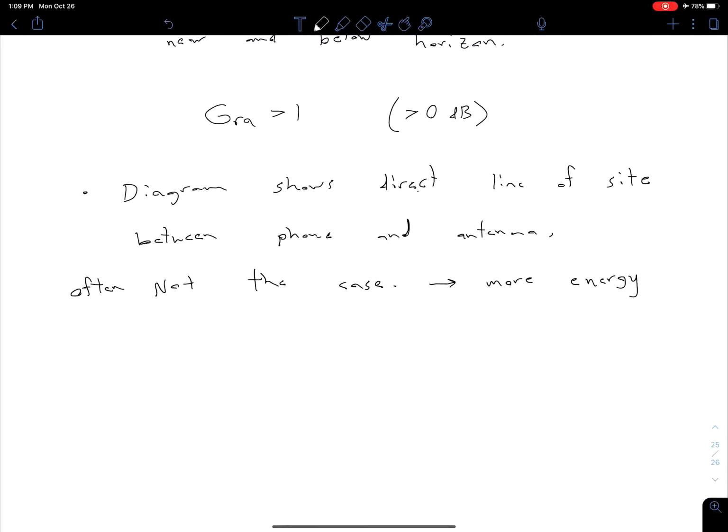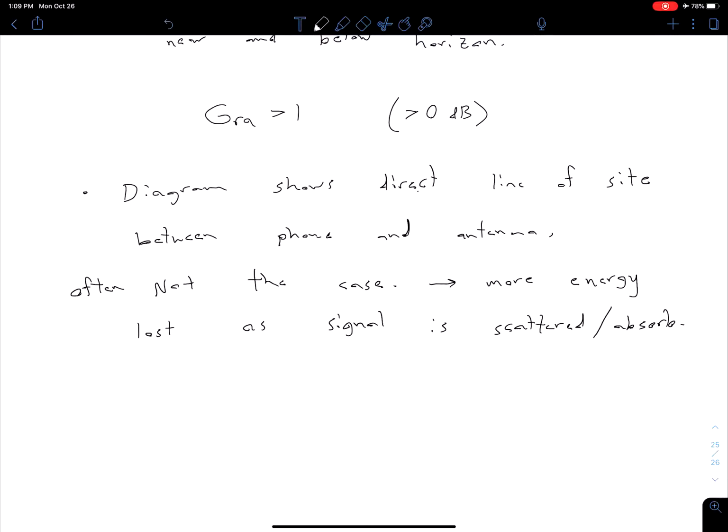So more energy lost as our signal is scattered, absorbed, reflected, basically as it's interacting with the environment.